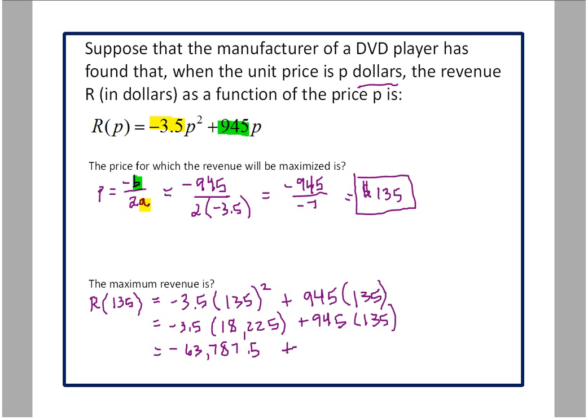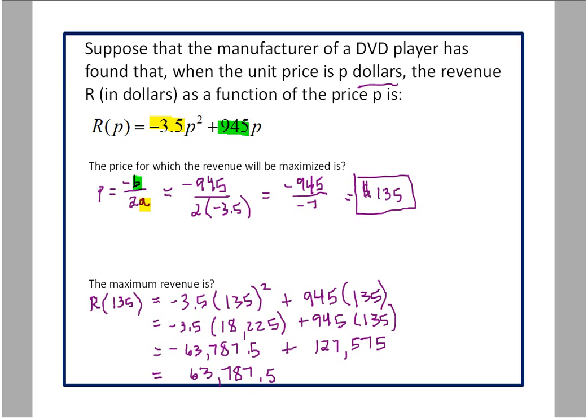And then we add that to 945 times the 135, which is 127,575. So let's add that. And that gives us a positive 63,787.5.